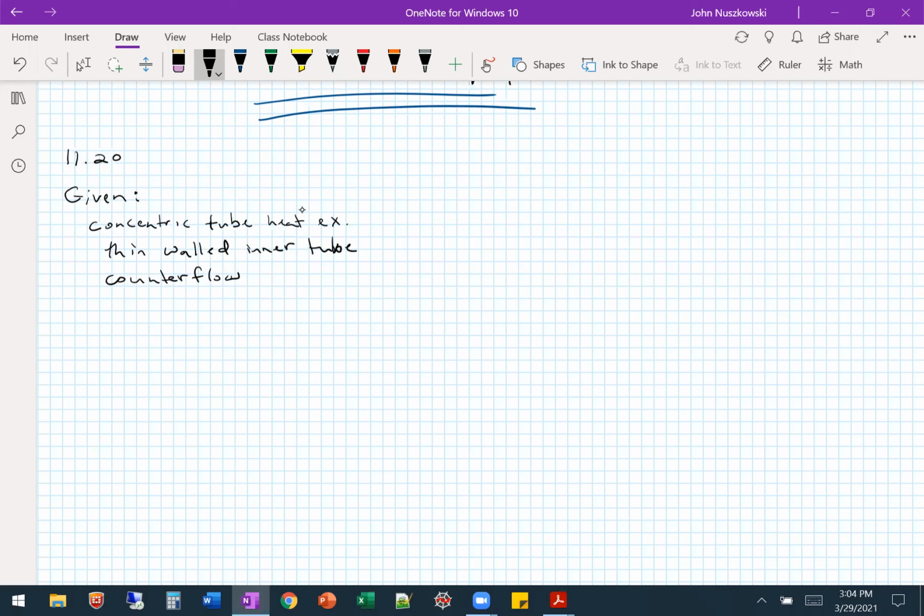It has an inner diameter of 25 millimeters, an outer diameter of 45 millimeters. The overall heat transfer coefficient is 55 watts per meter squared Kelvin.